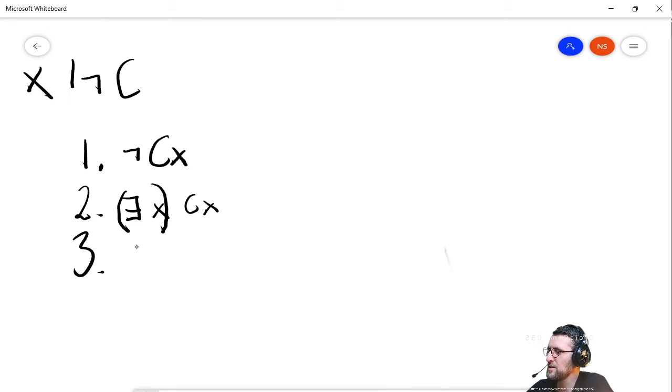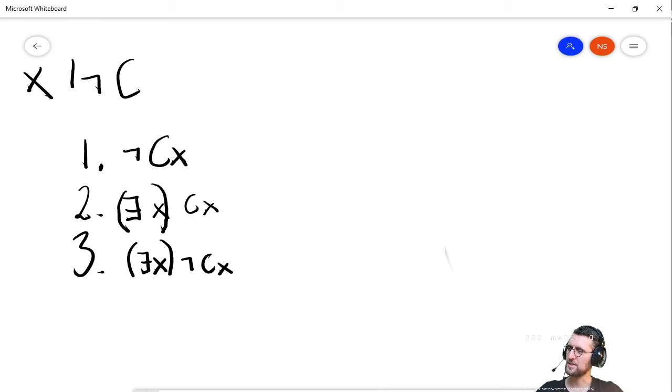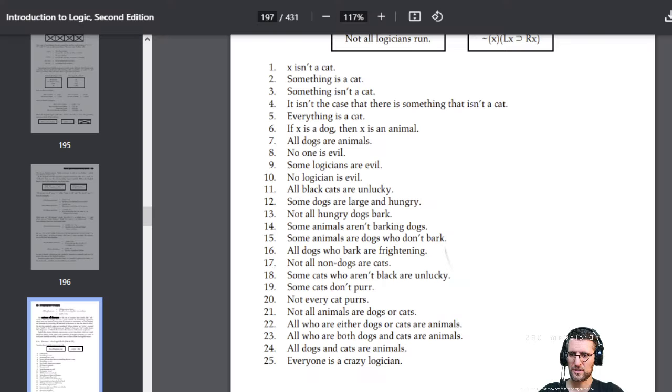So 3: there exists an X so that not CX, right? The C is supposed to be a bigger C because it stands for a clear property. I think that must be right. If I make a mistake, please let me know. Let's look at the next task.